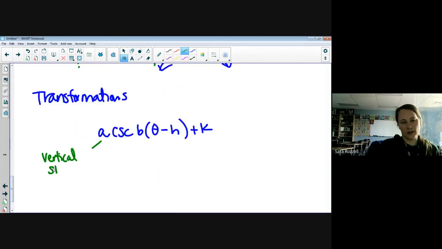A number in the front, that's our vertical stretch, which was called amplitude. Now it's just a vertical stretch. The B value is going to be our horizontal stretch or compress, which will give us our period.